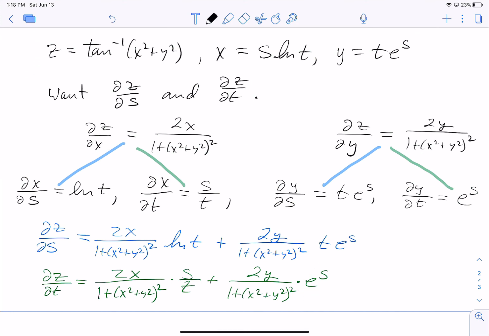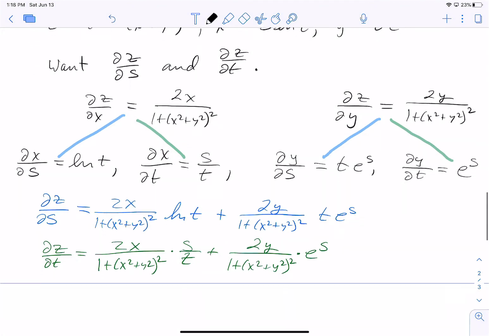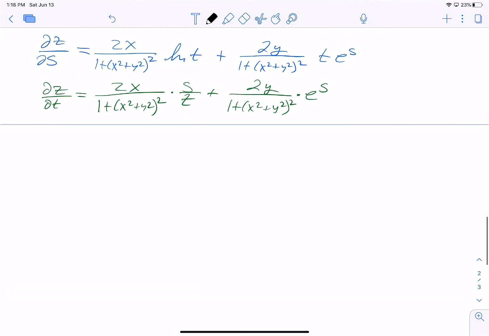I'm going to say, if you got this far, great. This is not a final answer as far as I'm concerned. We're going to back substitute. Now, if you take a look at the first expression here, the partial of z with respect to s, then we see we already have common denominators.